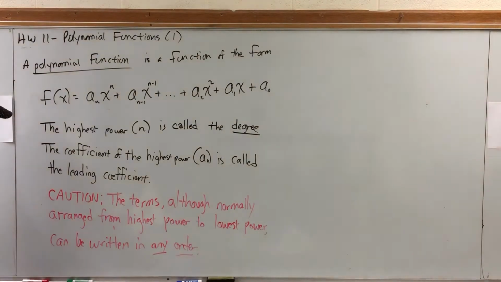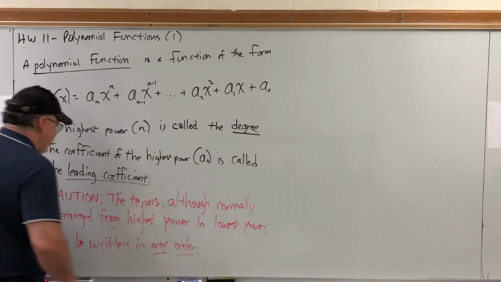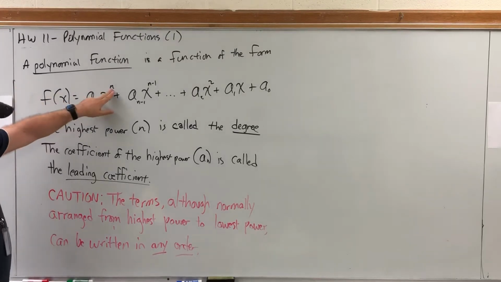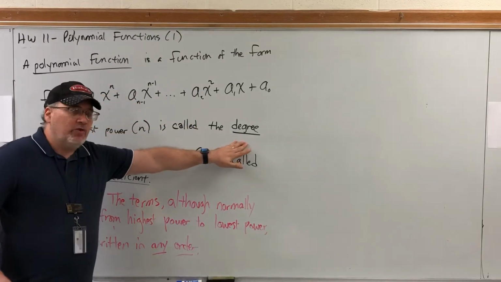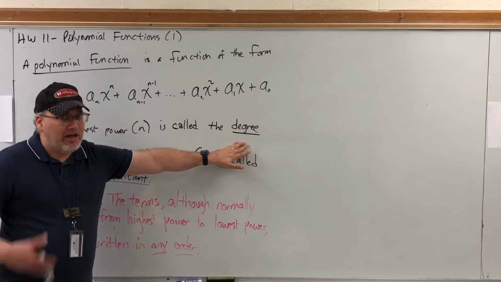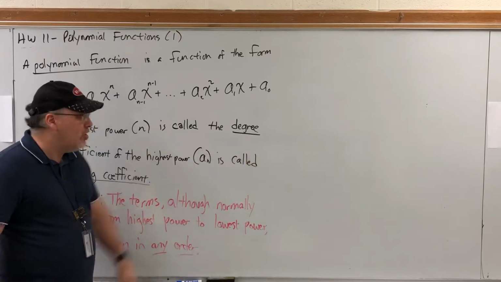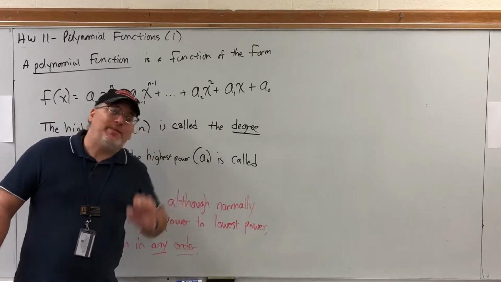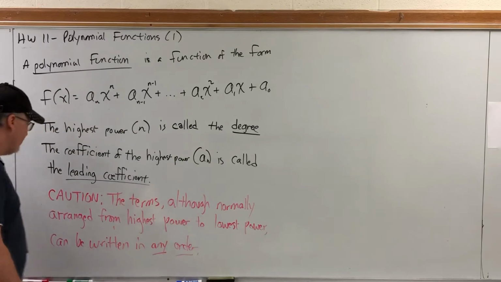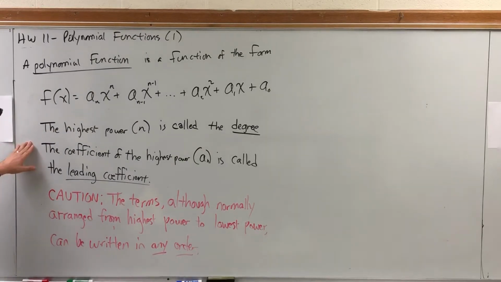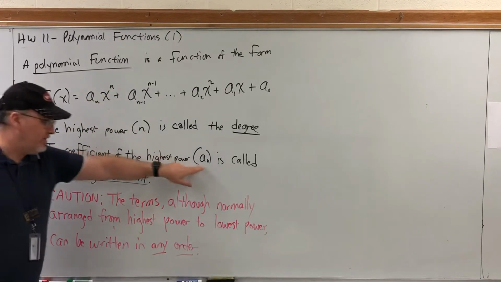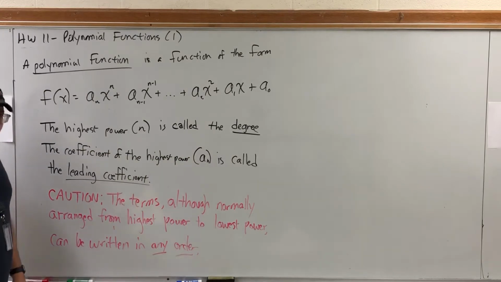I also need to introduce a little bit more vocabulary. When you have a polynomial function, the highest power is called the degree. So if I ever say a third degree polynomial, I mean the highest power is x to the third. Or if I said it was a polynomial of degree 7, that means that the highest power would be x to the 7th. The coefficient in front of the highest power, which we're generically representing as x to the n, and so that coefficient is a sub n, is called the leading coefficient.